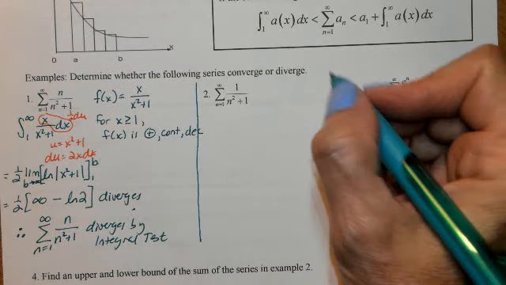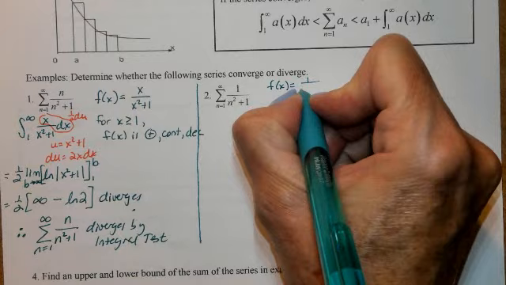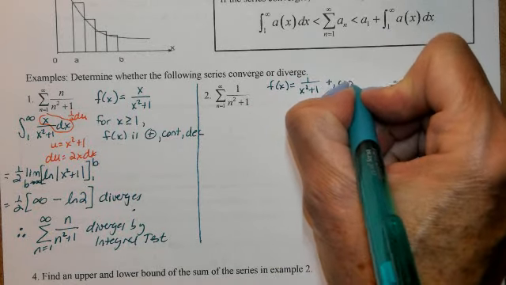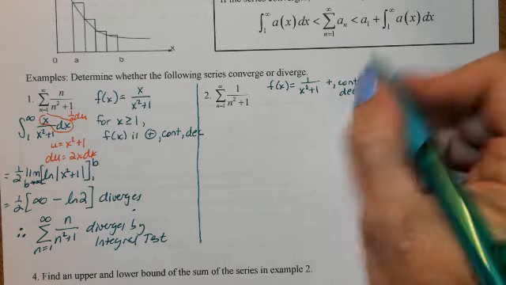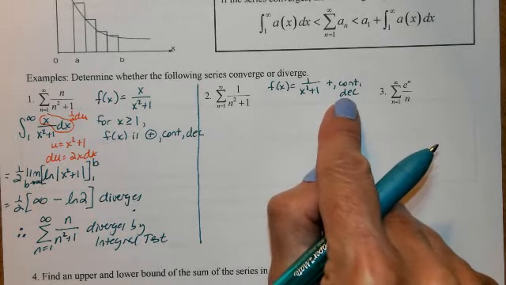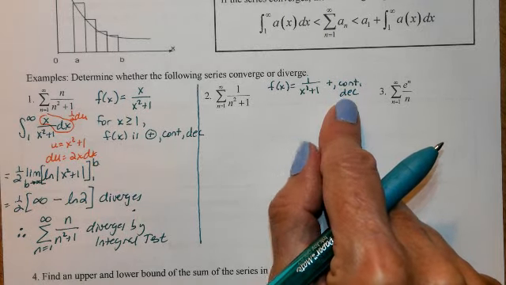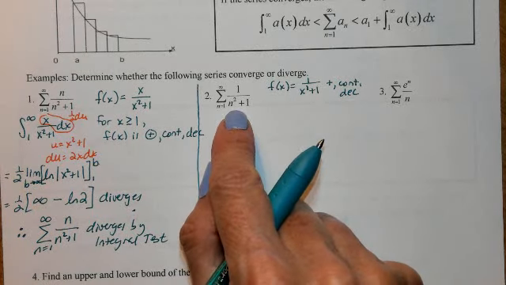So let's use the integral test. We'll have f of x is equal to 1 over x squared plus 1. It's positive, continuous, and decreasing. I need to see that. Tell me what f of x is, and tell me that it's positive, continuous, and decreasing. Do not tell me that the series is positive, continuous, and decreasing.